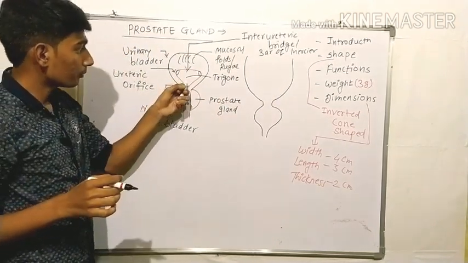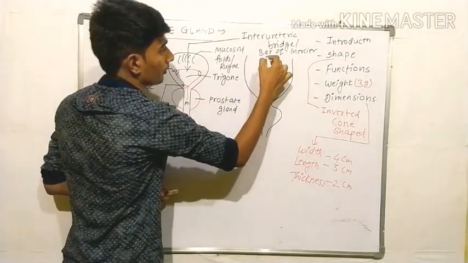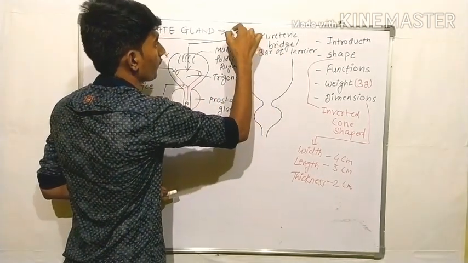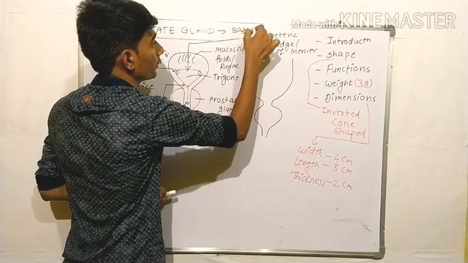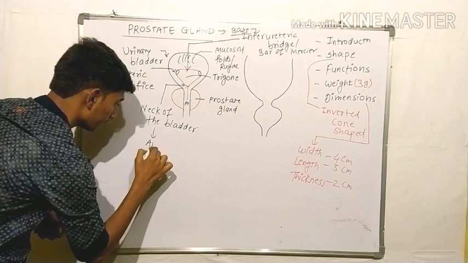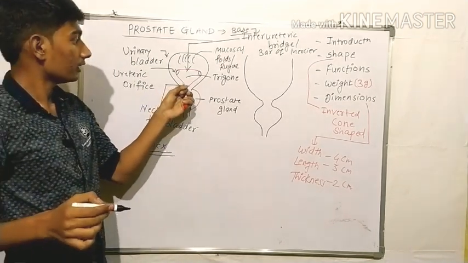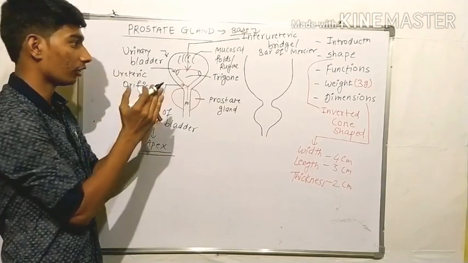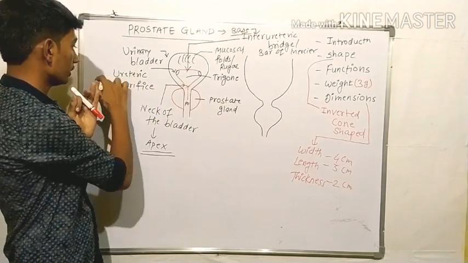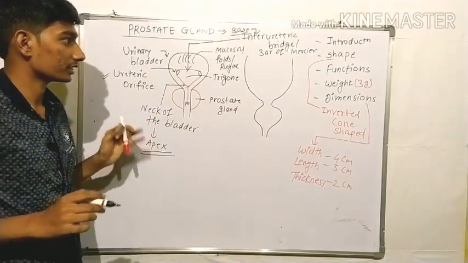So the base of the trigone is formed by interureteric bridge or bar of Mercier, and the apex is formed by neck of the bladder, and on either side there is a ureteric orifice. Okay, these are the points.